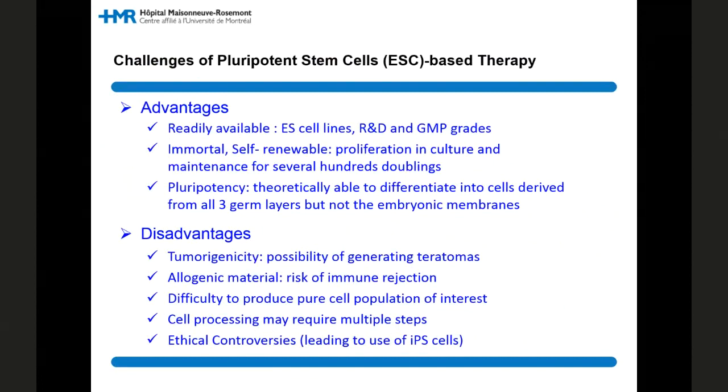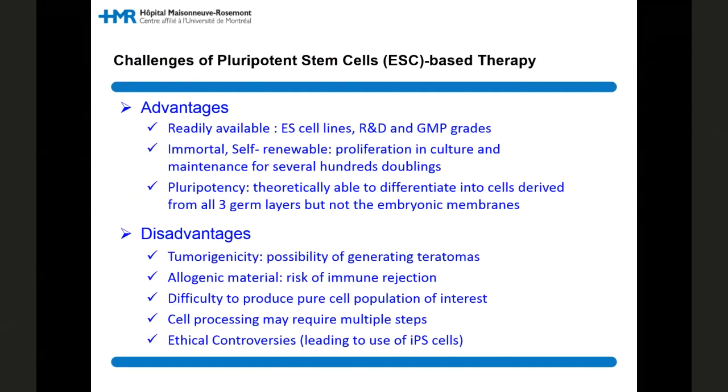There's difficulty in producing pure cell populations, and you want to have the cells that you're injecting as pure as possible. There's your cell processing, maybe requiring multiple steps. And when you're talking ES cells, there are obviously ethical controversies. Interestingly, as you all know, we've been developing iPS cells.